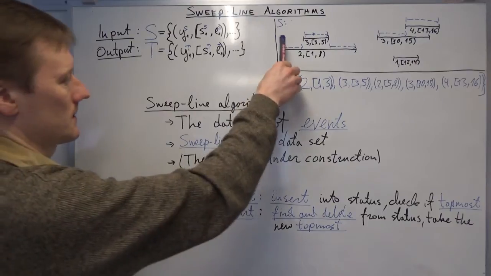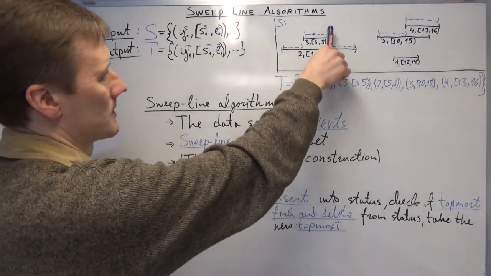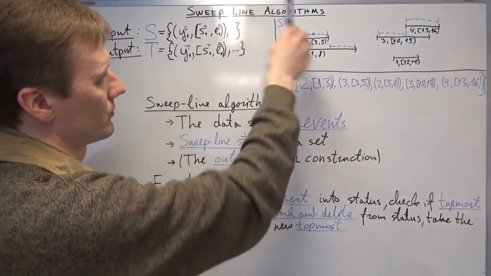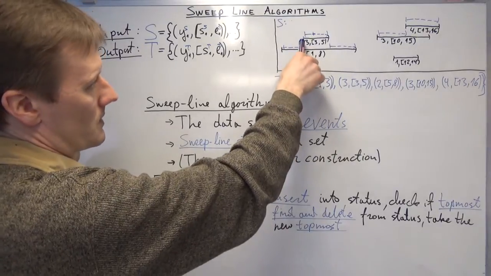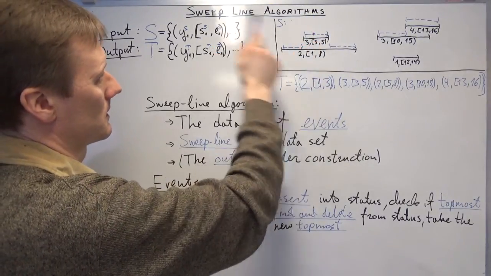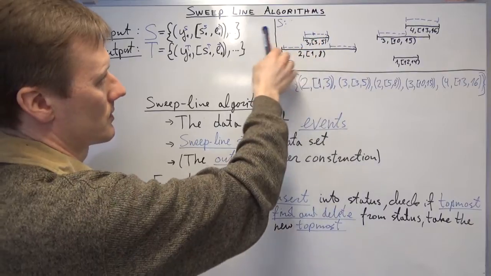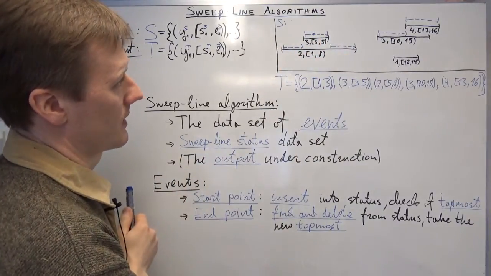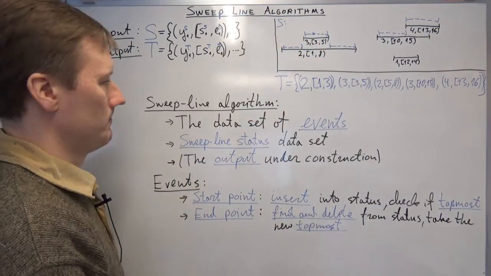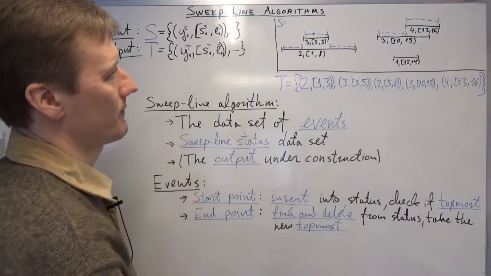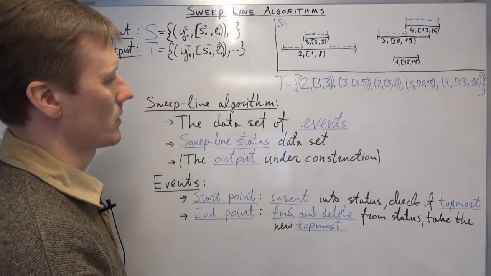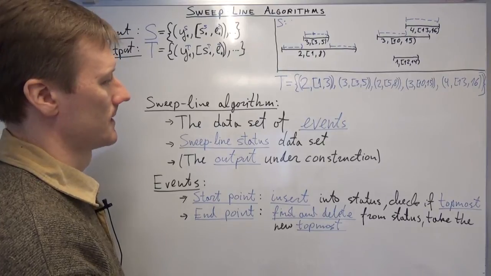So in this case, it seems that the events are the start and end coordinates of the intervals in the x direction. So we can have the events in advance, we can sort them according to the x coordinate.